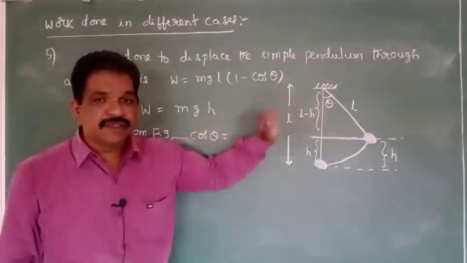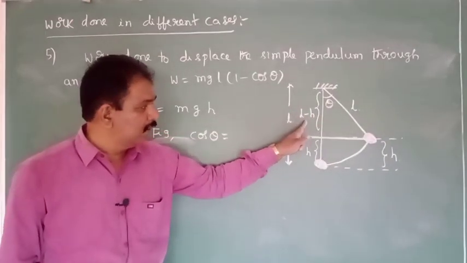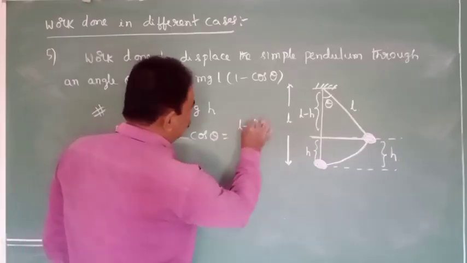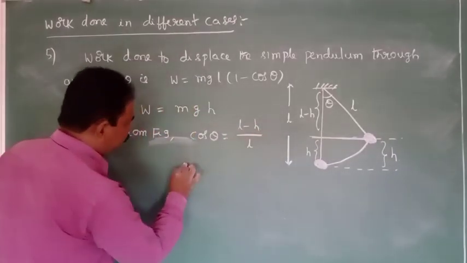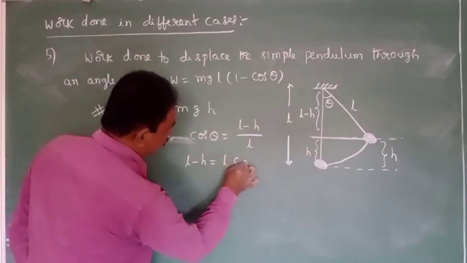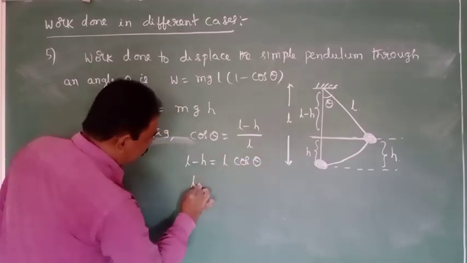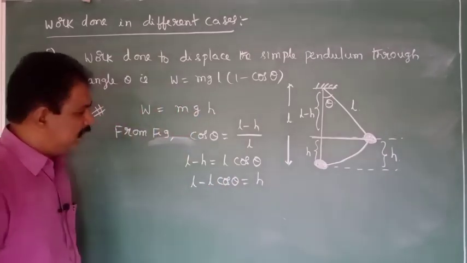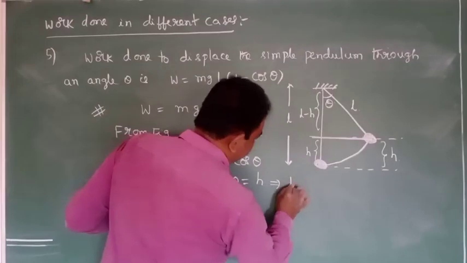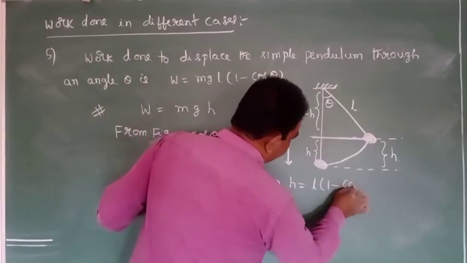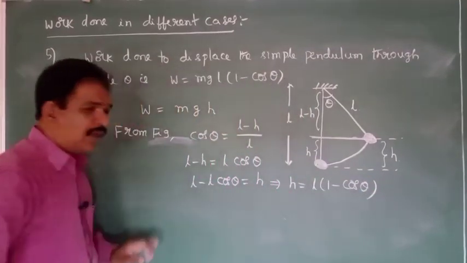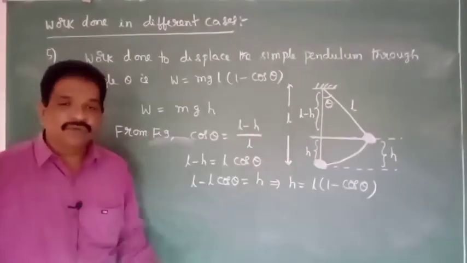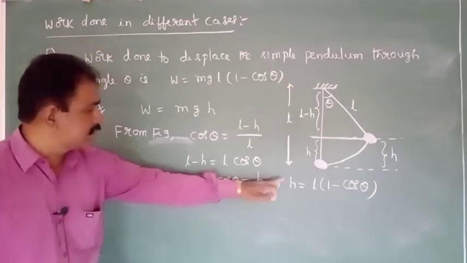Cos theta is equal to, what is the formula? Adjacent side by hypotenuse, L minus h by L. L minus h is equal to L cos theta. L minus L cos theta is equal to h. That means h is equal to L into 1 minus cos theta. Take L common here.